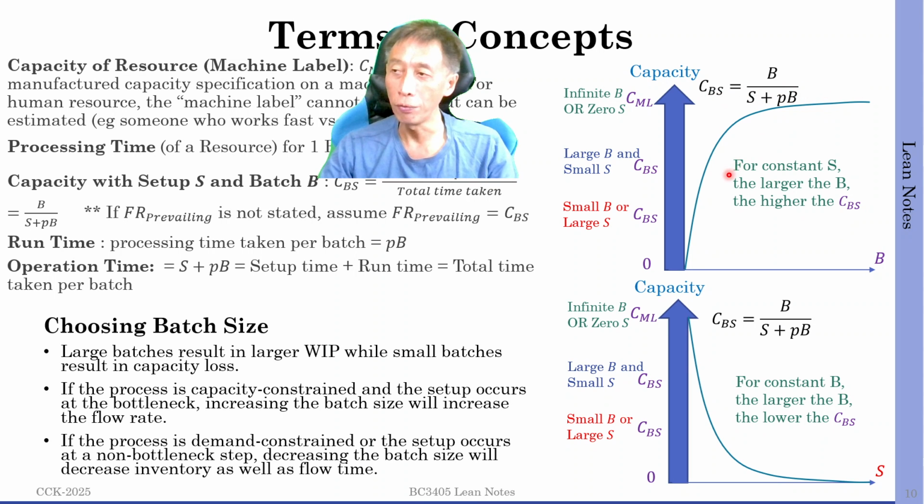And if we have a very, very large fixed cost, it makes sense to have larger B, because the initial increase in B is going to have a huge effect initially. After that, there'll be a point of diminishing return.